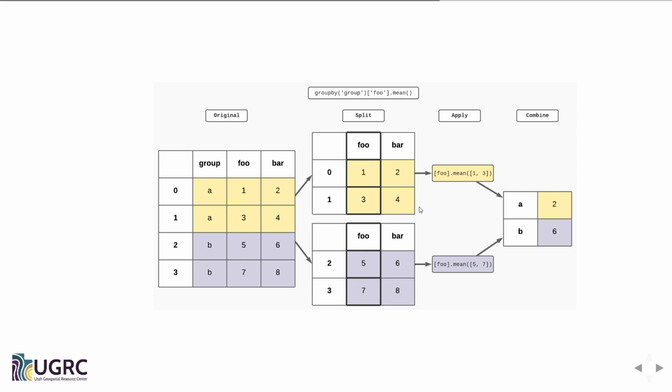So in the split, we're splitting into the two data frames, and we're going to apply that function, the average function, to the foo column. So taking the average of 1 and 3, that just gives a single value, and we're going to combine those. Because we're combining two single values, we get a series out. So we're splitting it, we're applying our function, and then we're combining.